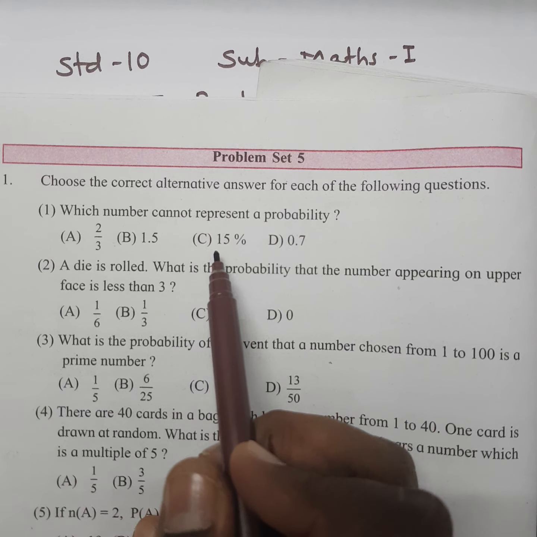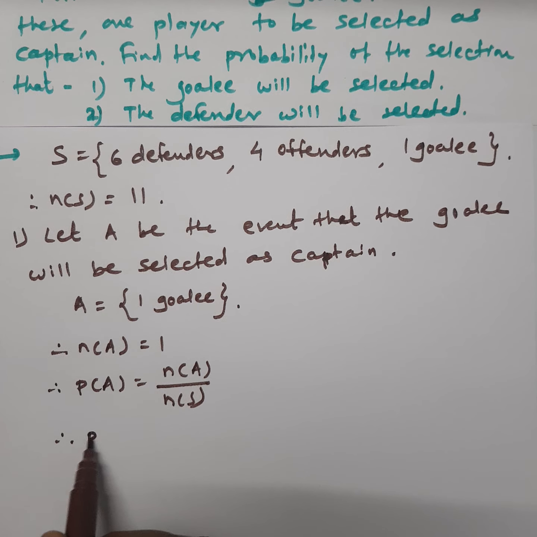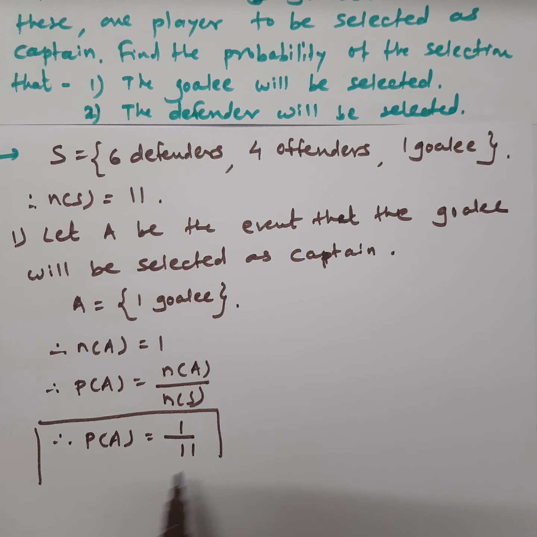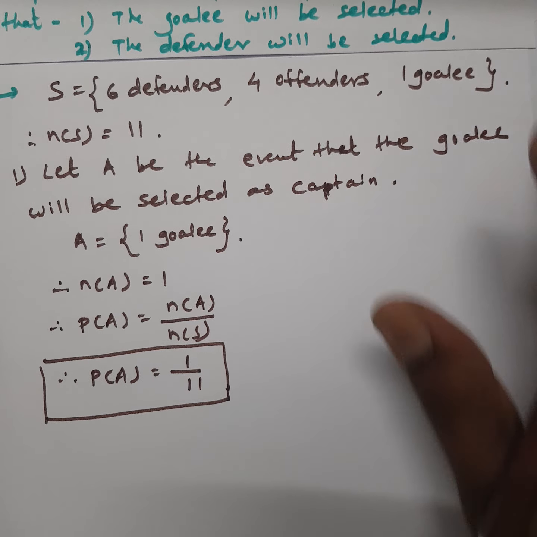Therefore, A is equal to, there is only 1 goalie. Therefore, n(A) is equal to 1. Then we have to find probability. Therefore, P(A) is equal to n(A) upon n(S). Therefore, P(A) is equal to 1 upon 11. Probability of goalie to be selected as captain is 1 upon 11.